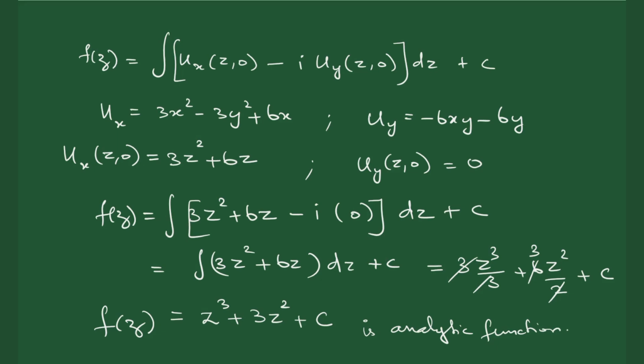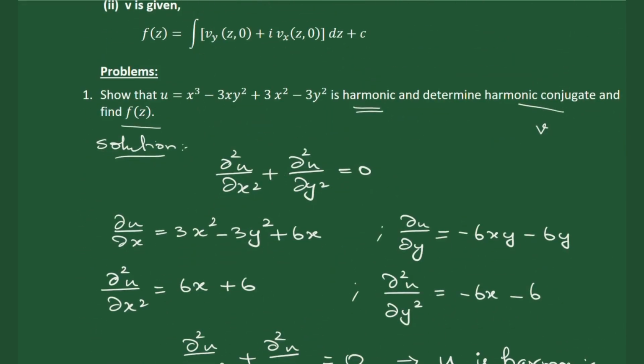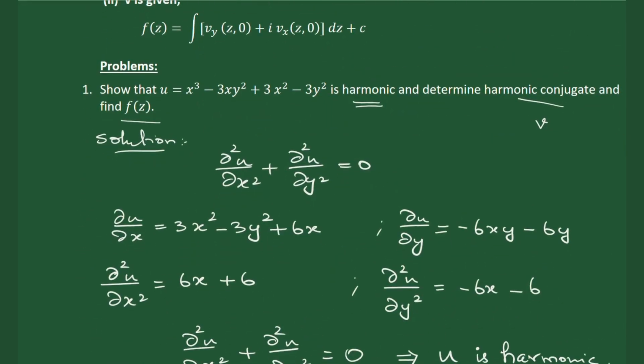Again we can recall the problem. Here three things we have to find out. First we have to show the function u is harmonic, then find the harmonic conjugate, and finally find the function f of z. The first step is to prove u is harmonic, and we have proved that u is harmonic.